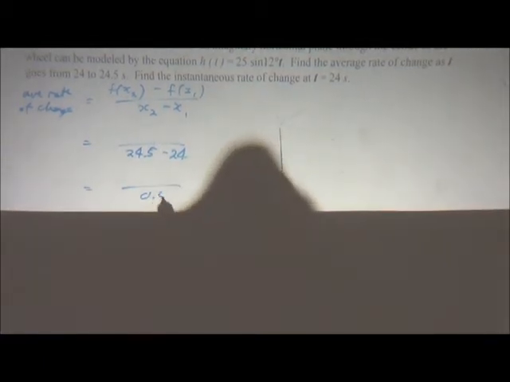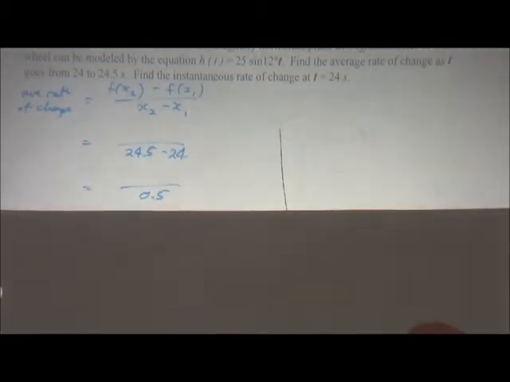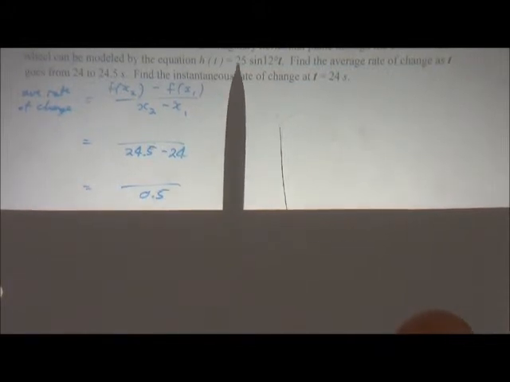And so the denominator is 0.5. Substitute 24 and 24.5 into t. So you have to work out the 12 times t first, then take the sine of that, and then after you finish, multiply by 25. Calculate those two values, please.